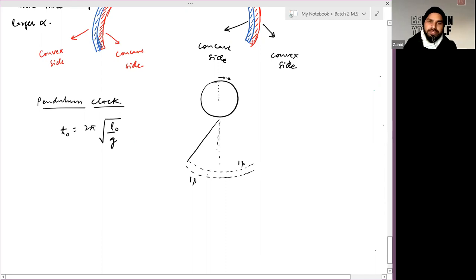So if you change the temperature of this surrounding, length of bob or length of rod, that is this part, I have just assumed to be metallic, may get changed. So on changing this length, time period of oscillation of pendulum will also change, and hence the reading of clock will change. So we have to calculate how reading of clock would be affected with change in temperature.